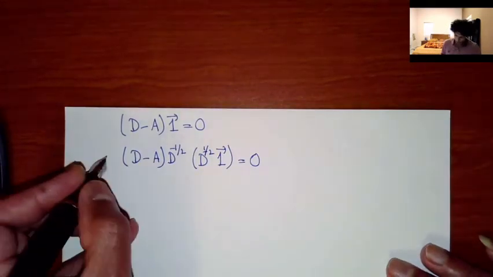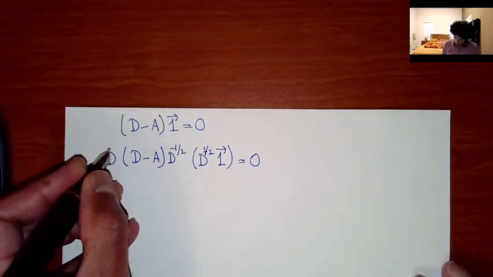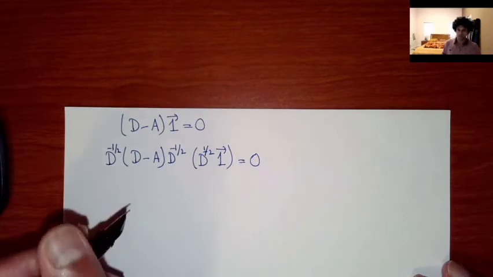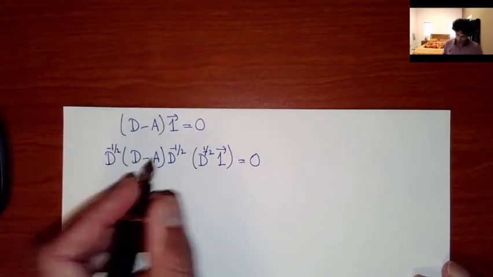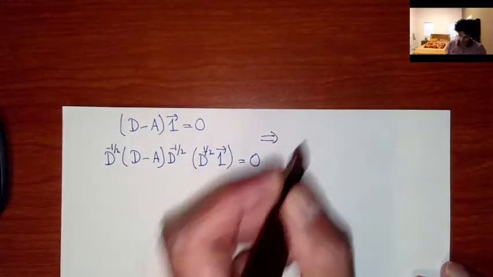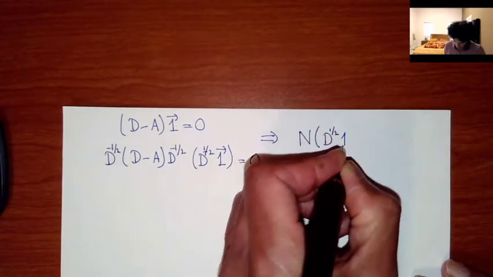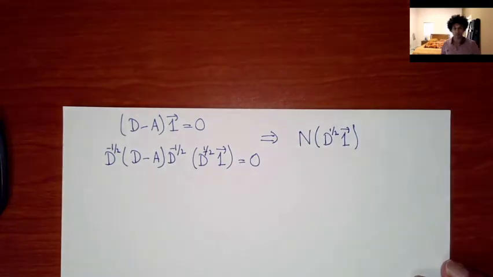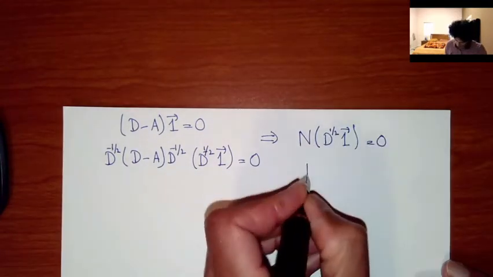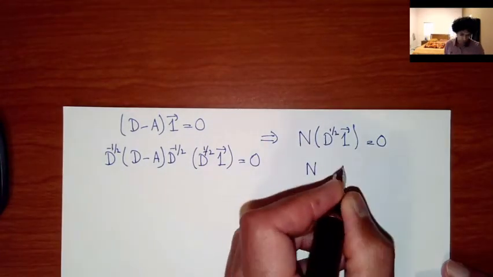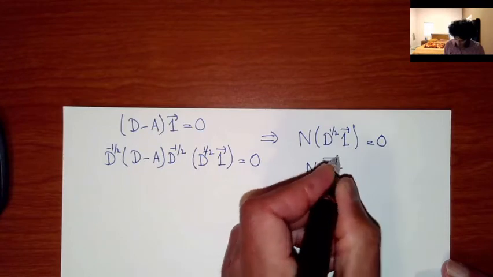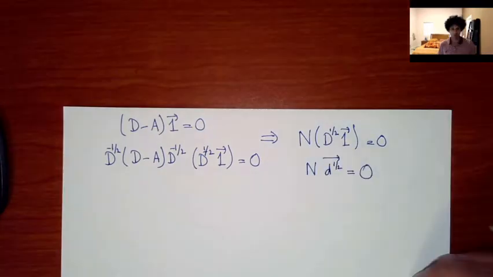And I can basically put a D to the minus half here. And so the implication I get is N times d to the half times 1 is equal to 0. This is just exactly the degree vector with square roots. This is equal to 0.